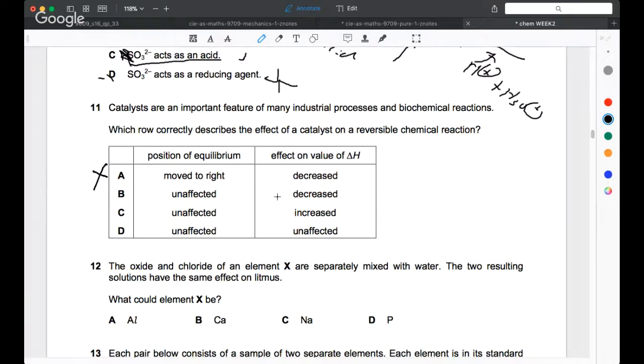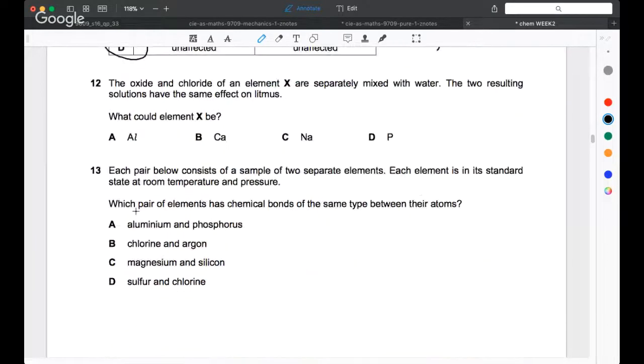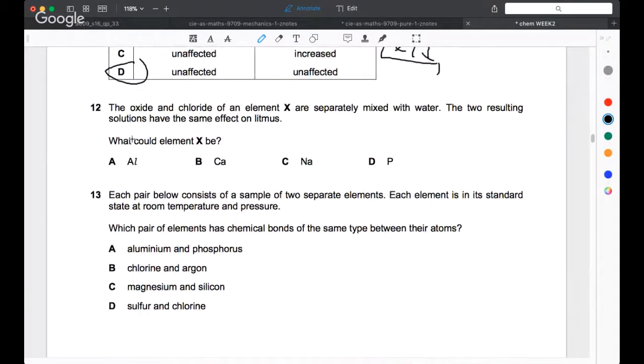It doesn't. When you draw the reaction pathway, the catalyst lowers the activation energy, but the difference between the product and the reactant is the same. So this is a simple question. Question 12.